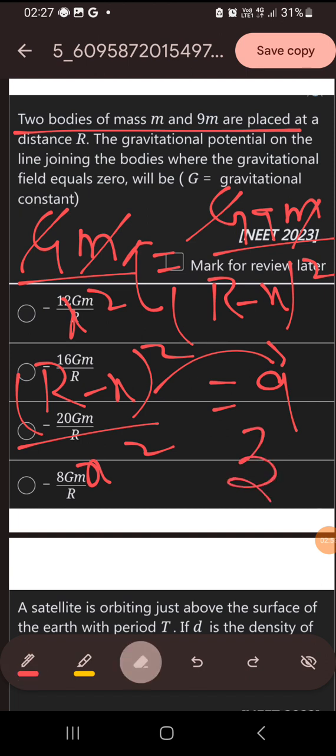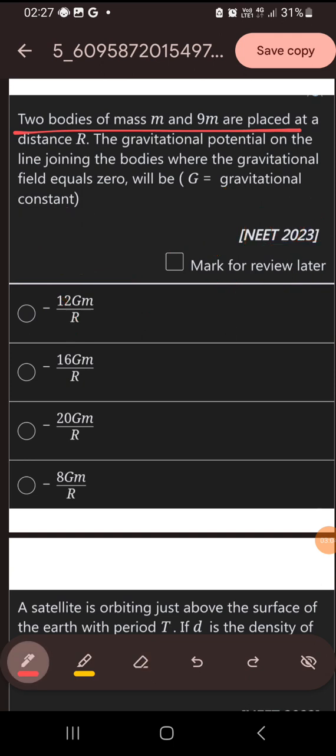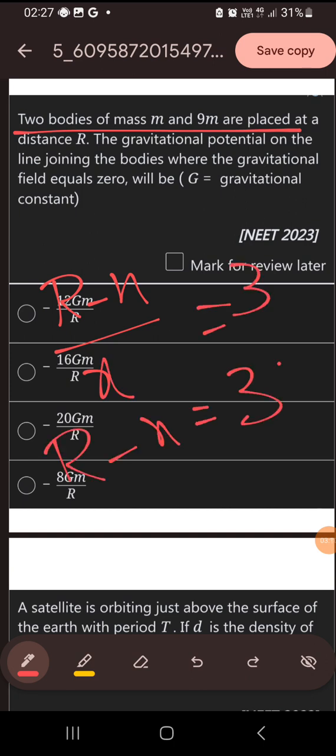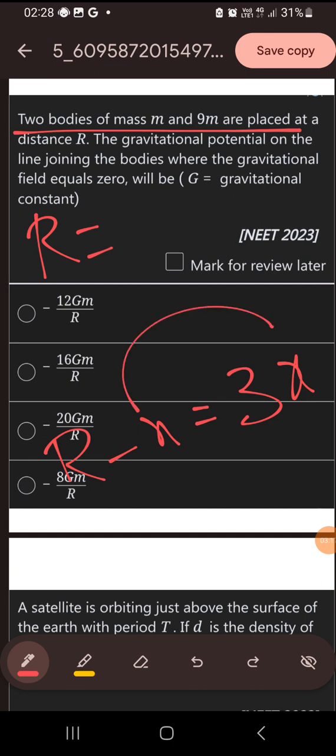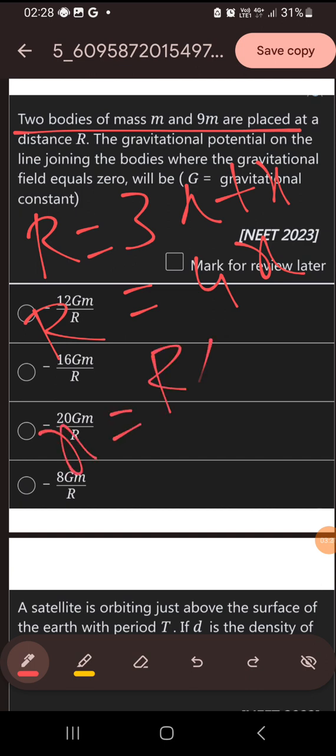So next step, r minus x divided by x is equal to 3, so r minus x is equal to 3x. Moving x to the other side, r is equal to 4x. And what will be the value of x? x is equal to r by 4.